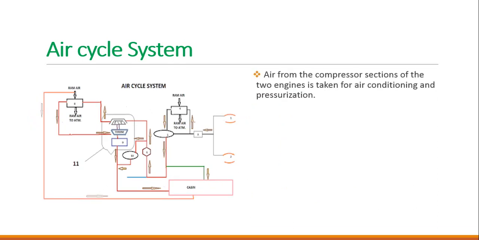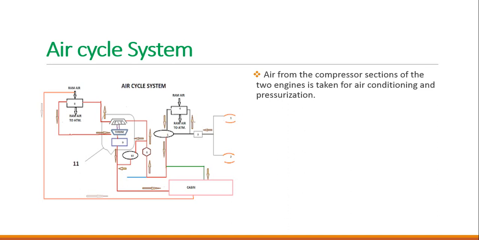Now we will see how this air cycle system works. First, we take some air from the engine for this pressurization unit, because we can't supply a separate storage capacity for it.